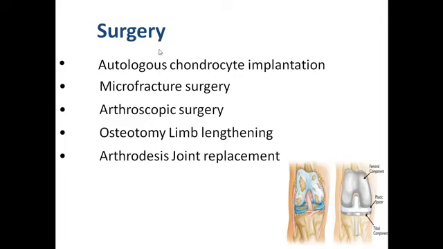Surgery. Surgery is the end stage of the treatment, where all the treatments fail. Then we go for surgery. Basically, we go for implantation, autologous chondrocyte implantation, microfracture surgery, arthroscopic surgery, osteotomy, limb lengthening.